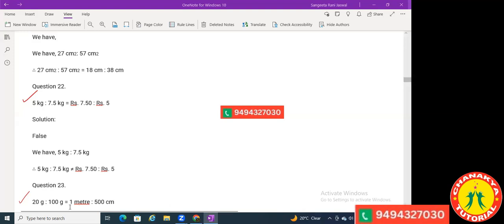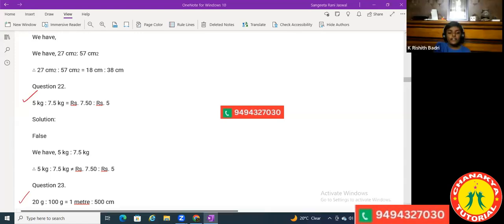See here in the second ratio, first convert 1 meter to centimeters. Yes, ma'am, I converted. Find the ratio. So when you convert this, what do you get? 1 meter is how many centimeters? Ma'am, 100.